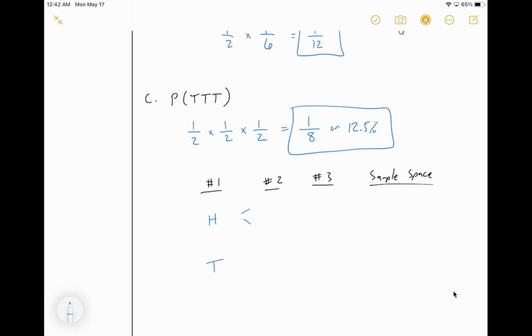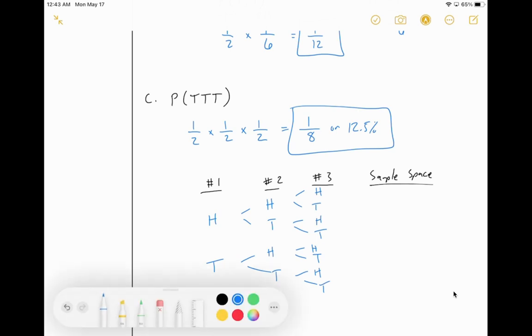From there, I could get heads or tails. From there, I could get heads or tails again. It looks a little confusing, but follow the tree, follow the path. So one option is heads, heads, heads.